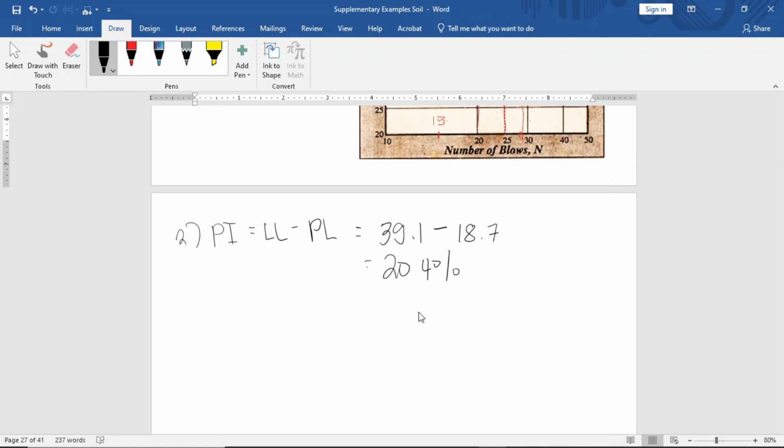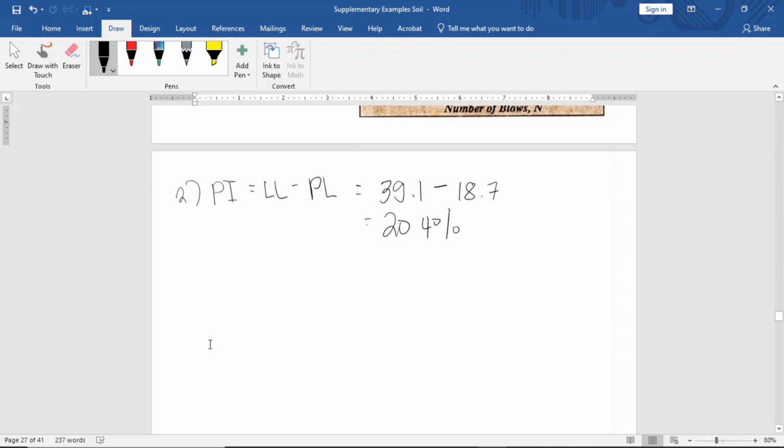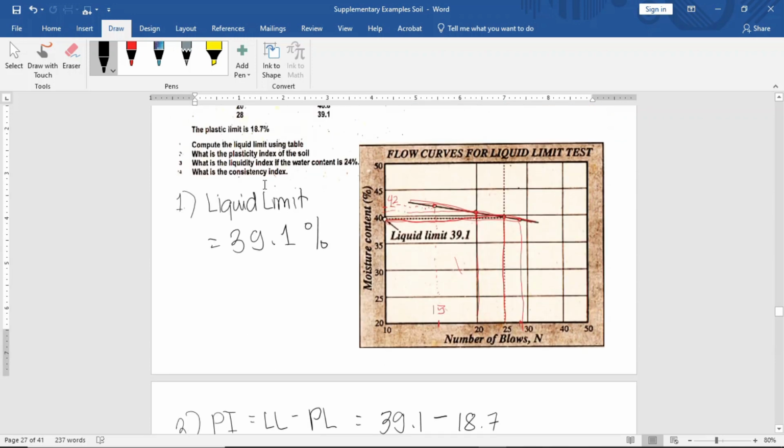After that, let's find the liquidity index. What is the formula for the liquidity index? Like our last problem, LI is equal to moisture content minus PL all over PI, where PI is LL minus PL. The question is: what is the liquidity index if the water content is 24%?